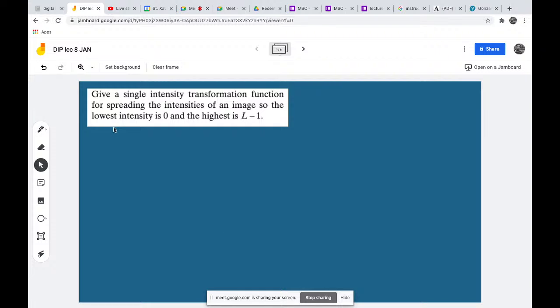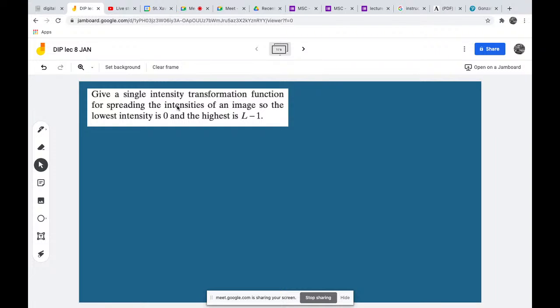Give a simple intensity transformation function for spreading the intensity of an image so that the lowest intensity is 0 and highest intensity is L minus 1. You might have an image which does not have a very good contrast.